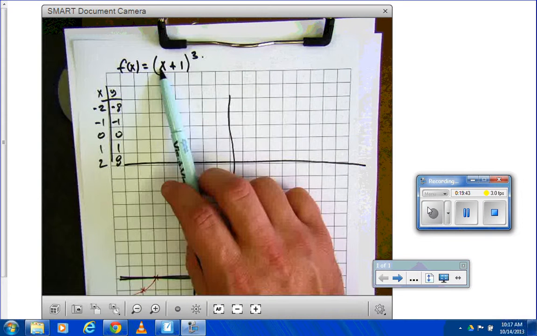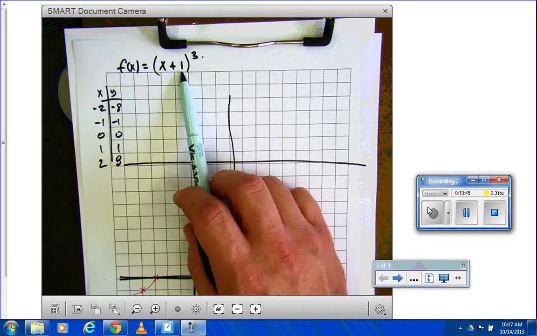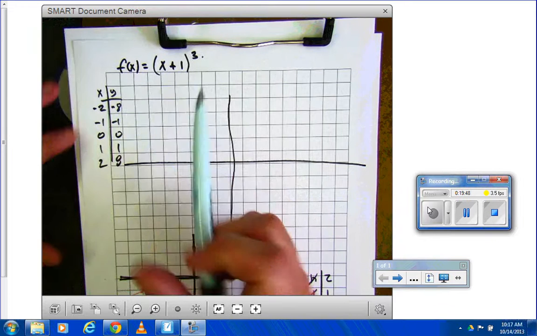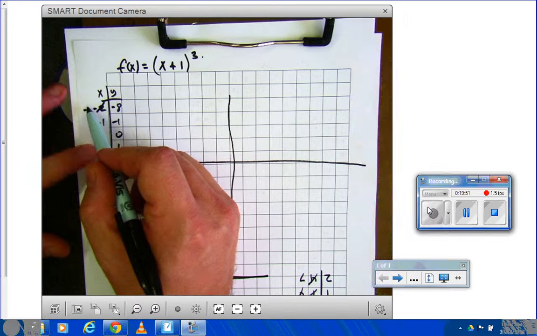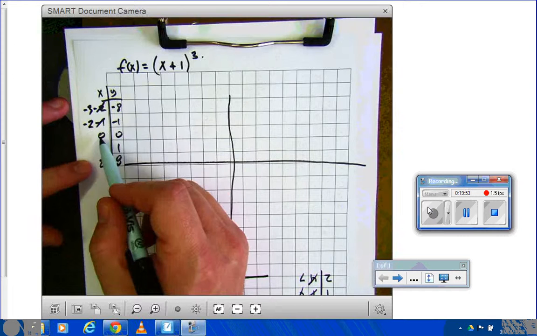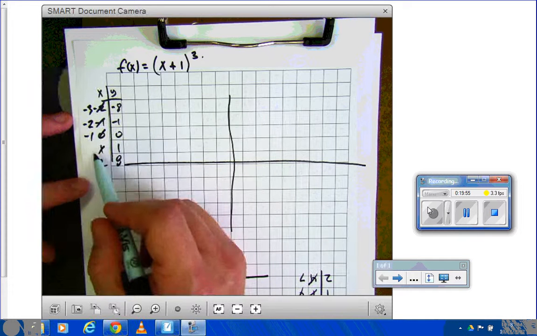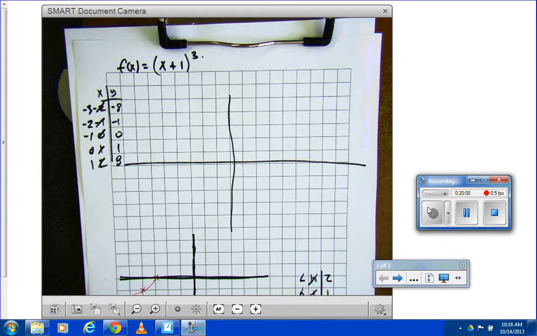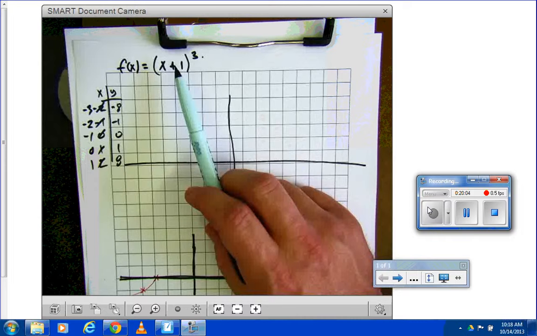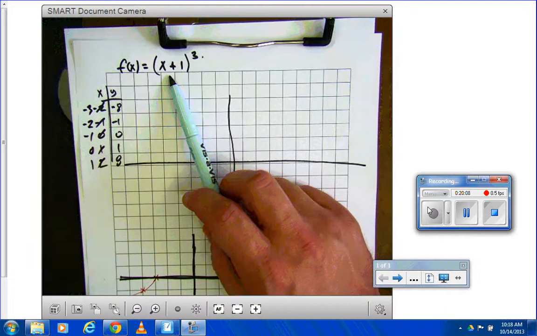Now, very, very easy transformation. What's it doing? Left 1. All right, so we'll just subtract 1 from all these. So that would be negative 3, negative 2, negative 1, 0, 1. And the purpose here is not really just to see if we know how to graph this, because we've graphed the crap out of this.